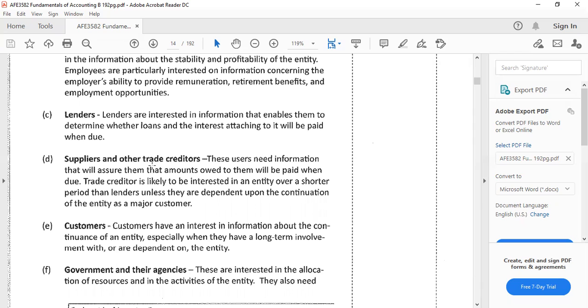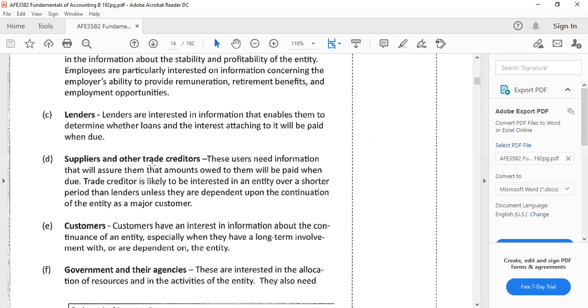So these users need information that will assure them that amounts owed to them will be paid when due. They don't want excuses come month end, where you say the company is not doing well, we do not have money, and so on.